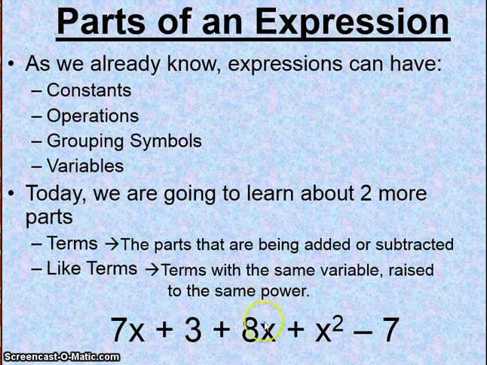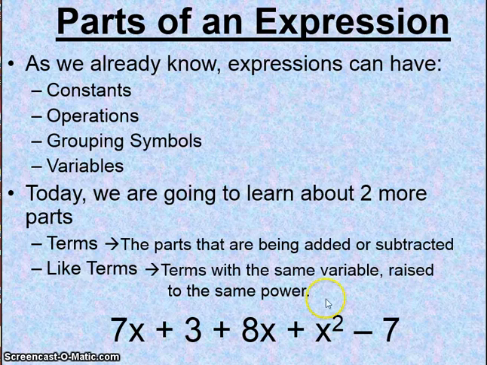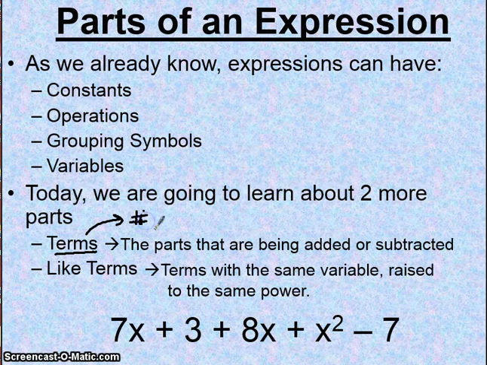So here is an expression, and you can see that it's algebraic because it has variables. And this expression has both terms, parts that are being added or subtracted, and it contains like terms, two types. Let's first start by looking at terms. And let's try to decide the number of terms there are in this expression.